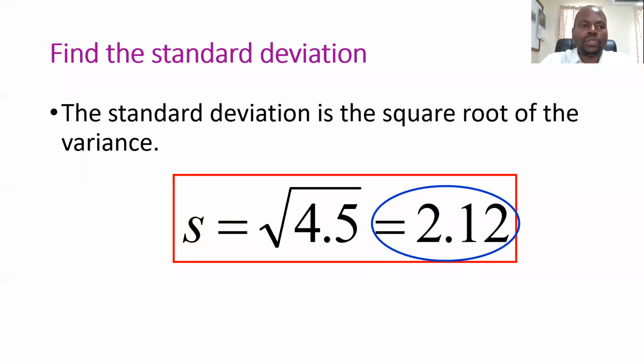Now, if we want to find the standard deviation, then we just have to take the square root of 4.5. So in terms of the standard deviation, we have 2.1 hours. So this is the measure of spread of hours in that data set.